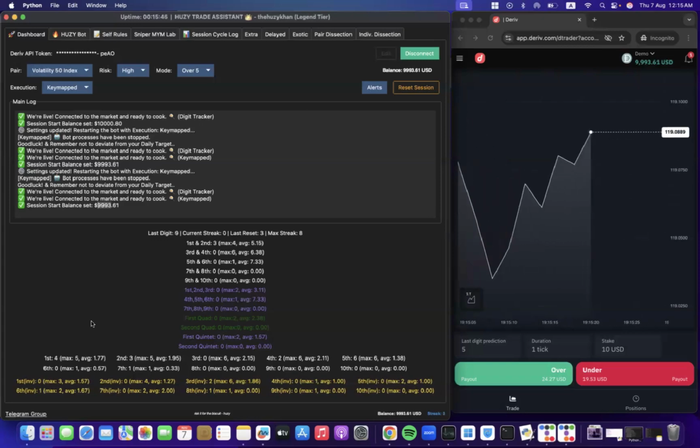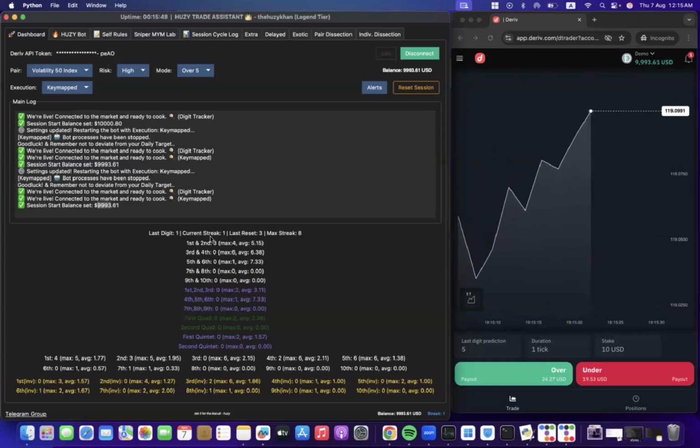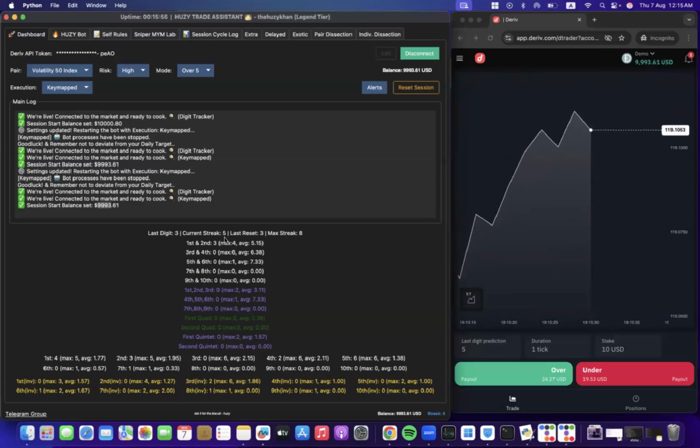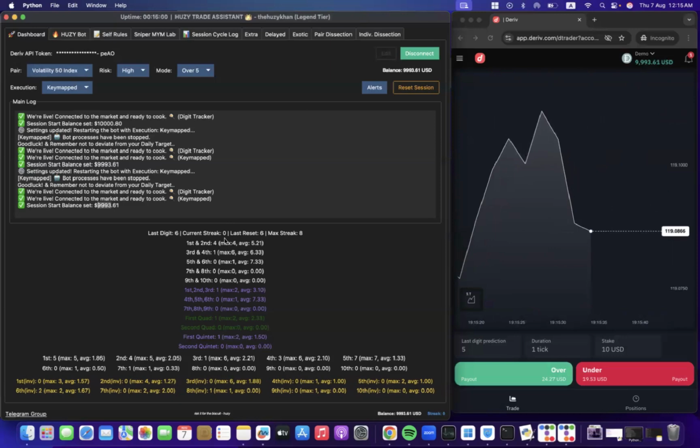So how these work is that the current streak value, which you're seeing over here, as the market is constantly moving, simultaneously landing on non-winning digits, keeps on incrementing.